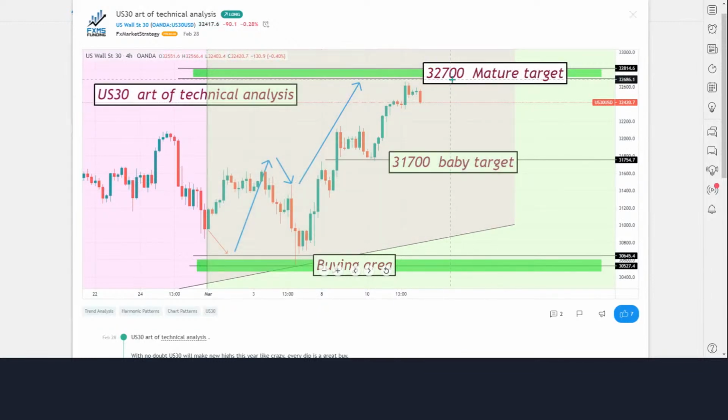Okay. The second one was 32,700. We came to 32,650. Okay, and that was a mature target. The wave is completed, then we are expecting a correction. Does the correction have to happen? No, it doesn't have to happen. We may break out and continue going up, but most likely we're going to get a correction.